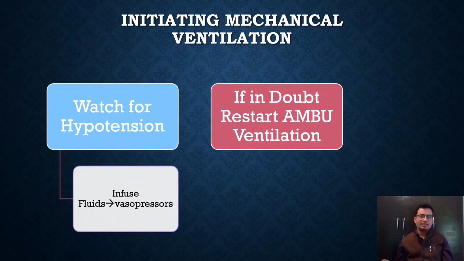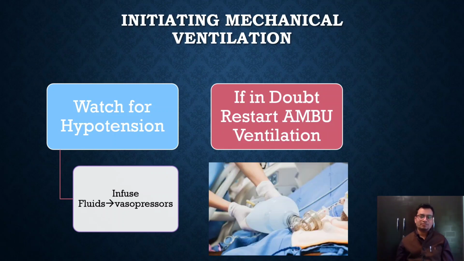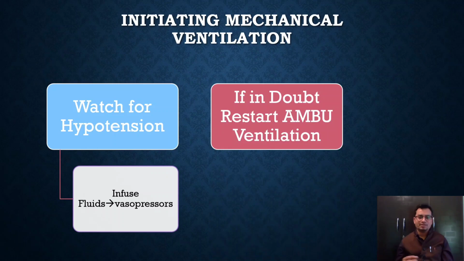Sometimes you may find that saturation falls, and also the blood pressure. Dynamic hyperinflation or tension pneumothorax may also lead to a similar problem. Therefore, it is better to switch to manual ventilation when you are in doubt, using an ambu bag or a bain circuit, and look for the chest rise, or even auscultate the chest.